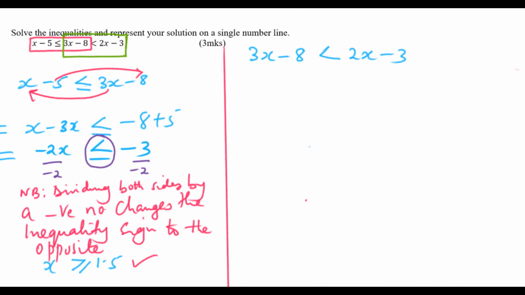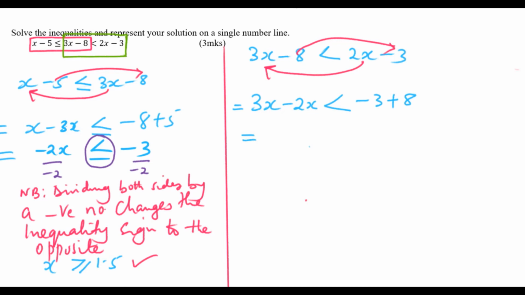Again, we bring this one to this side, and this one you can take to the other side, so that we have 3x minus 2x is less than negative 3 plus 8. This gives you x is less than 5. So this is our second solution.